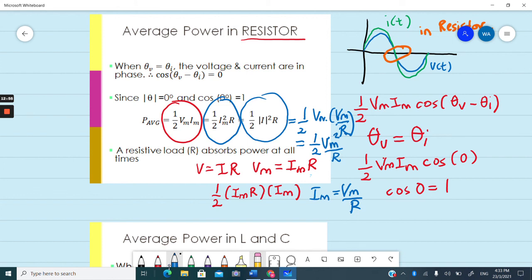So from this equation, a resistive load absorbs power at all times.